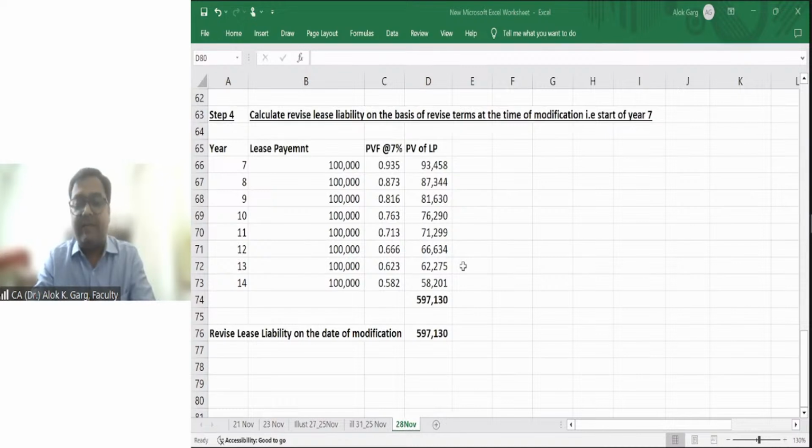My step number 5 is compare revised lease liability with existing lease liability on the date of modification. Right? It is a simple step number 5.